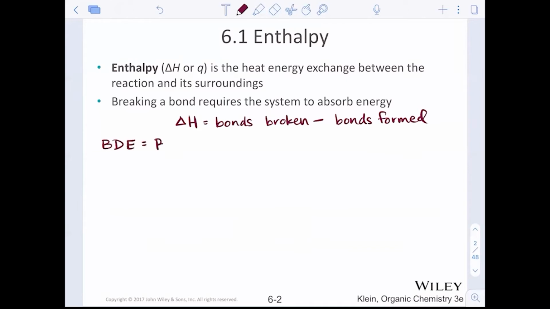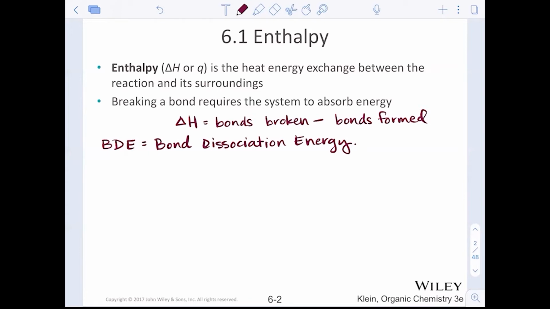And a bond dissociation energy is the amount of energy required to break a bond. Remember that bonds are formed because of attraction between electrons and the nuclei.